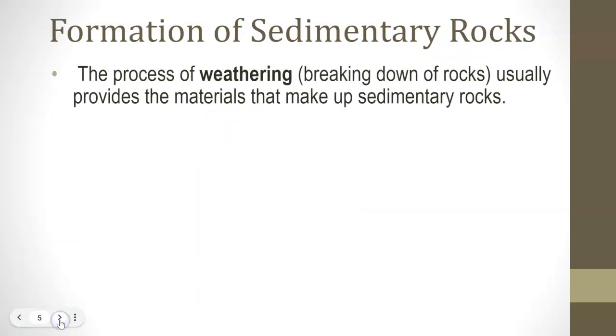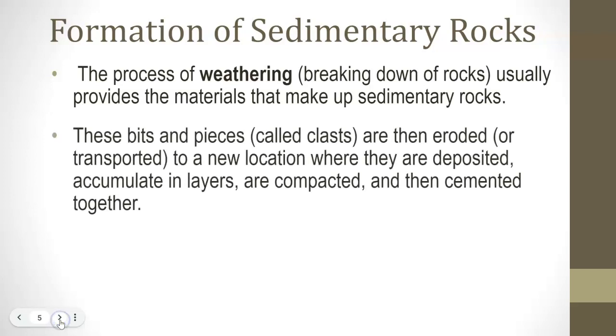Okay, so let's get into the details of how to make a sedimentary rock. The first thing that has to happen is weathering. And weathering is the physical breaking down of a parent material, the original rock, and creating the sediments. So when you weather something, you're making the raw material for the sedimentary rock.